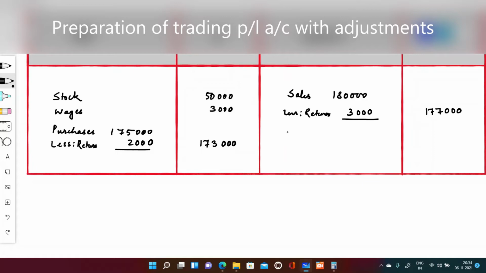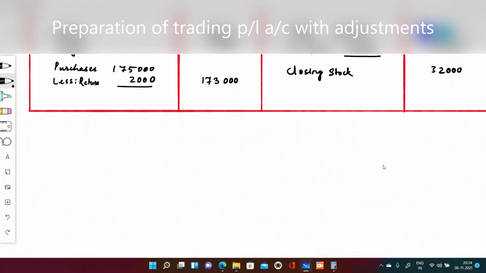Yes, one more is there, that is your closing stock, 32,000. I see the expense side is more than income, so we are going to get a gross loss.